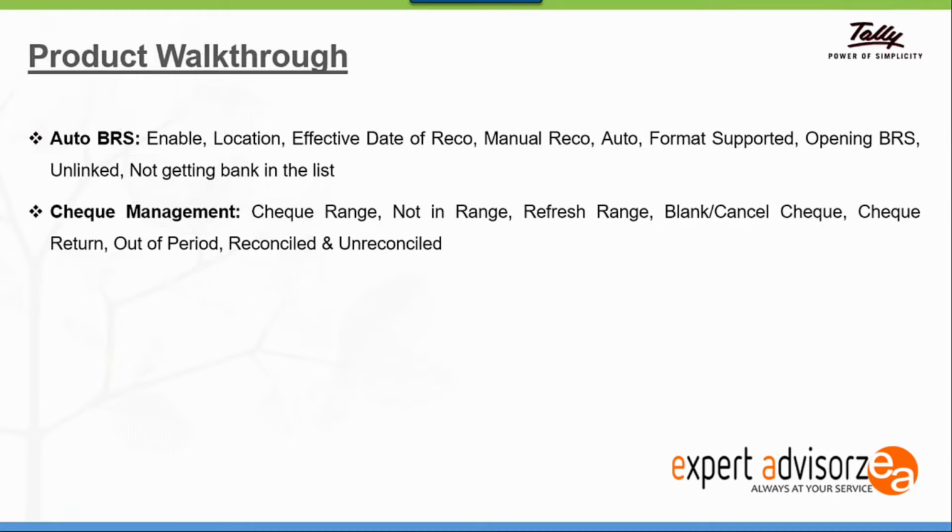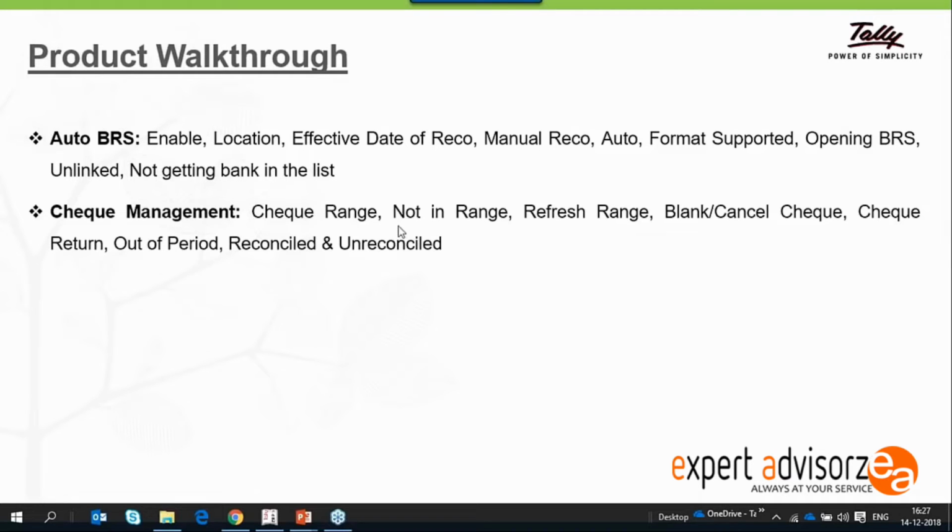Under this check management, we are going to see the check range, not in range, refresh range, blank or cancelled check, check written, out of period checks, reconciled and unreconciled checks. So how to track all these status-wise checks issued and received. Under this bank reconciliation, the folder can be created anywhere in your systems, either in your C drive, D drive, or E drive.